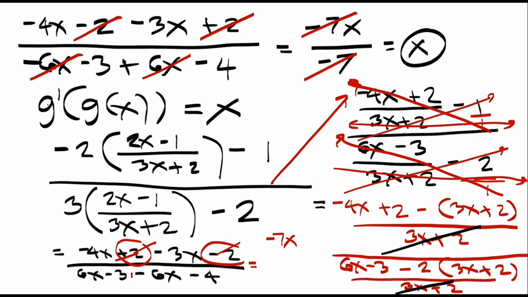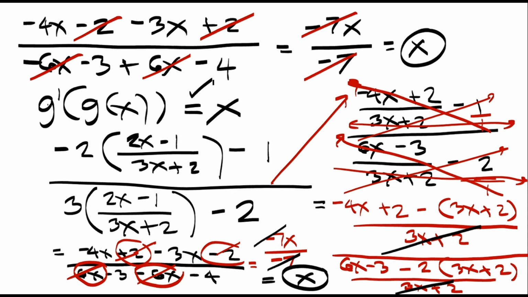In the denominator we have 6x minus 6x is 0, and negative 3 minus 4 is negative 7. So we can cancel out negative 7 here, and leaving us only what? So we have here x. So again, the second condition is verified.